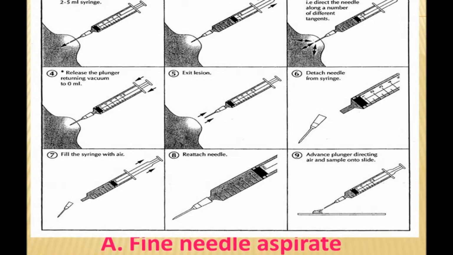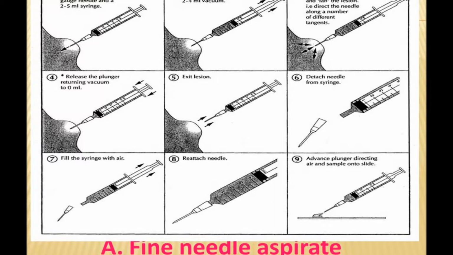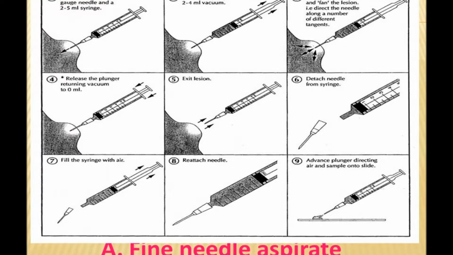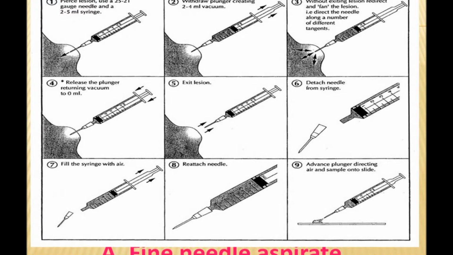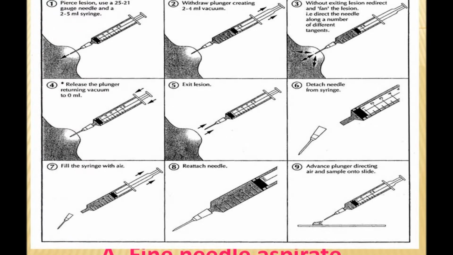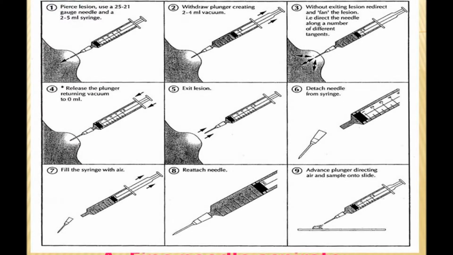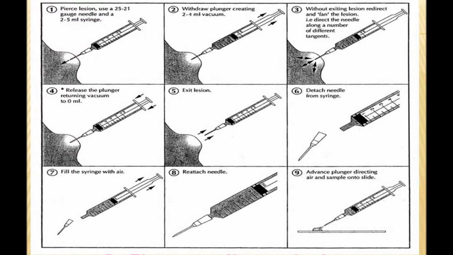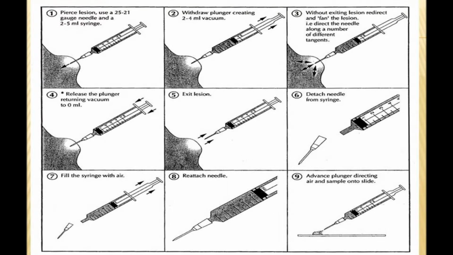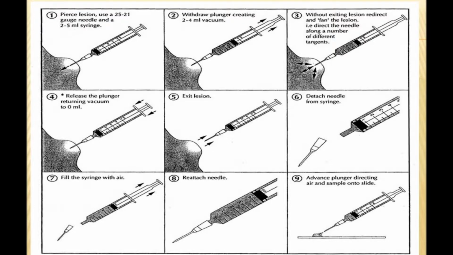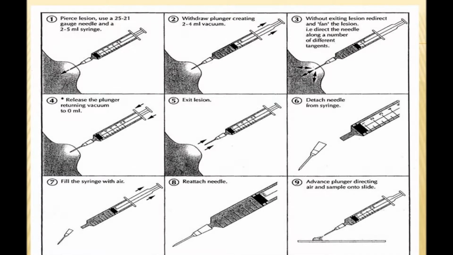Basically, what we do is insert the needle into the skin lesion, and we use negative pressure to take out a bit of the sample from the patient, and we must take special care so that there is no bleeding in the sample because we don't want any contamination. The specimen is then put onto a glass slide and preserved.